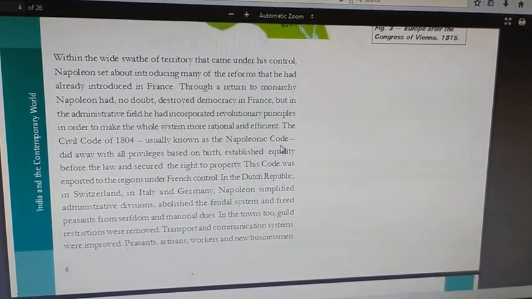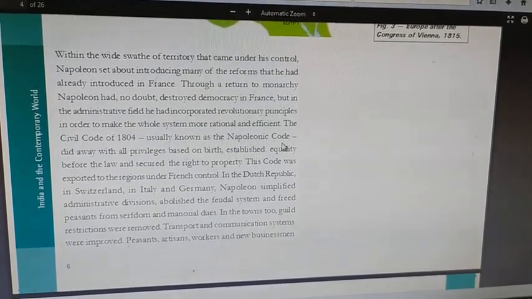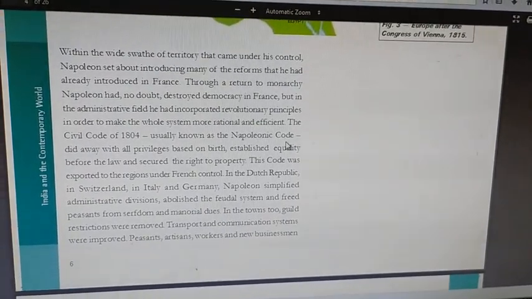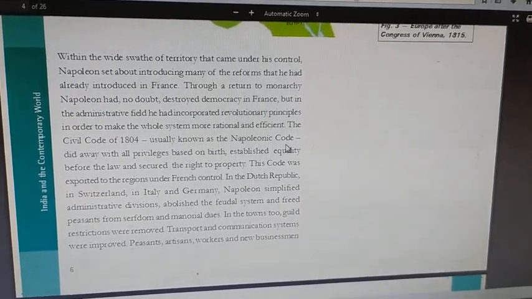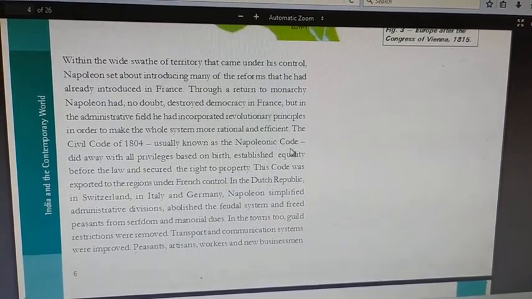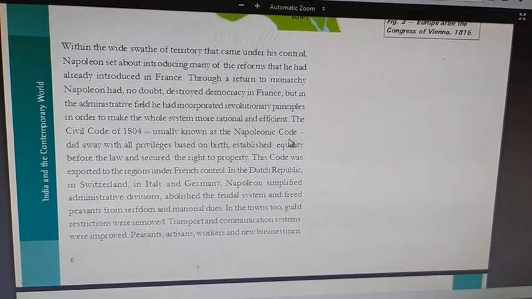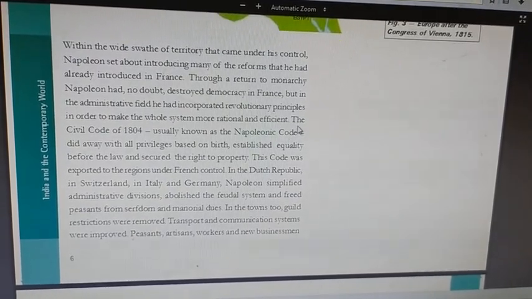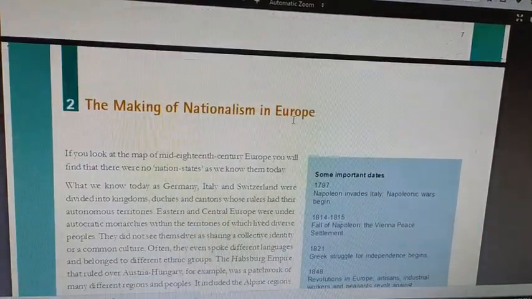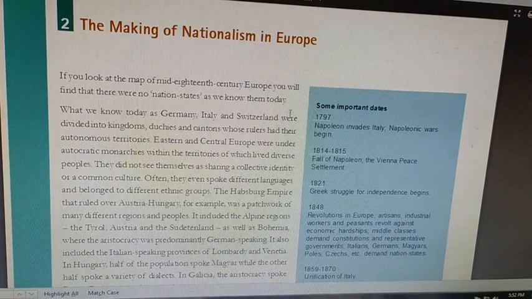It established equality before the law and secured the right to property. This code was exported to regions under French control. In Switzerland, Italy and Germany, Napoleon simplified administrative divisions, abolished the feudal system and freed peasants from serfdom and manorial dues.